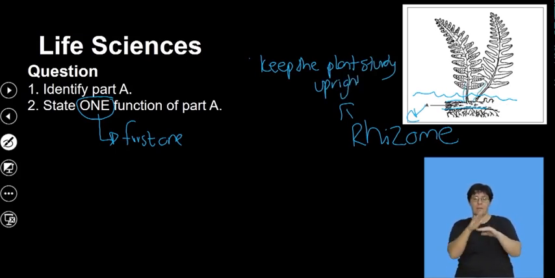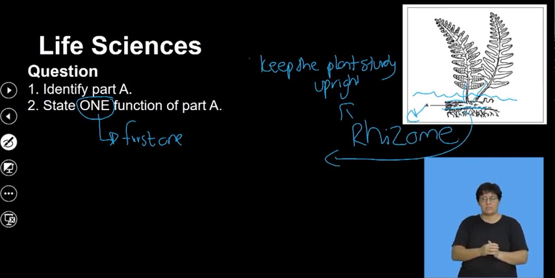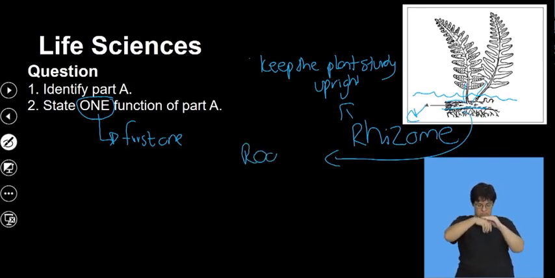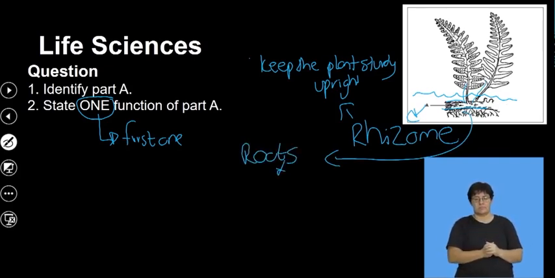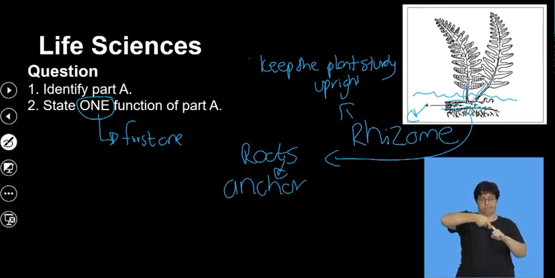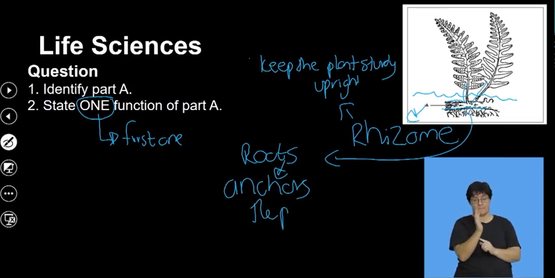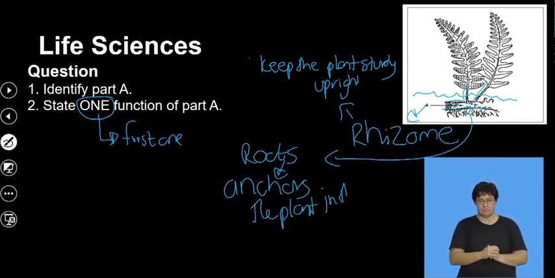It's a base for the leaves. What else does it do? What grows from the stem? The roots. Roots grow from the stem, and what does it do? It anchors the plant in the soil. So I've given you 2 here.